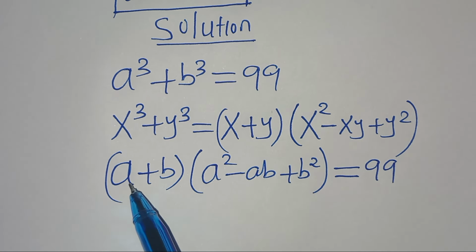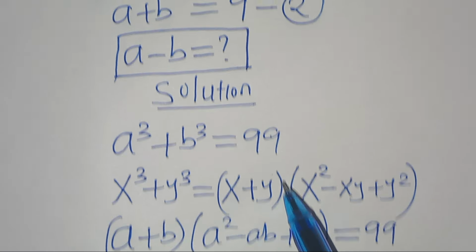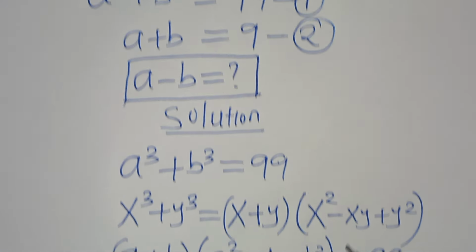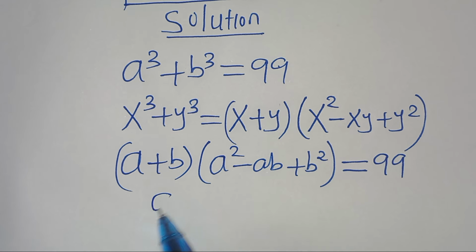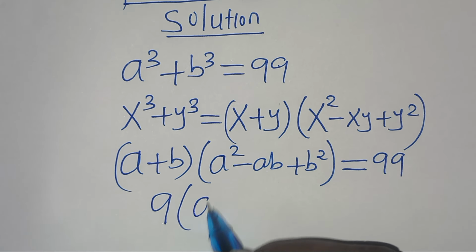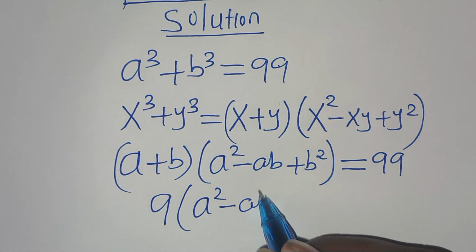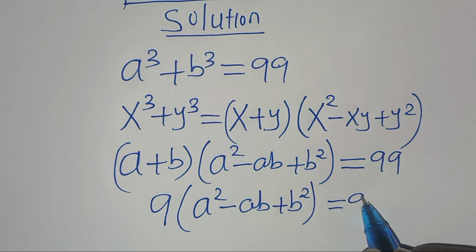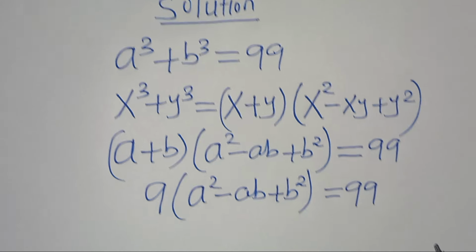We have that a plus b. This is what we have in equation 2a: a plus b is equal to 9. So let's substitute here. So this is 9 multiplied by (a squared minus a times b plus b squared). This is equal to 99.